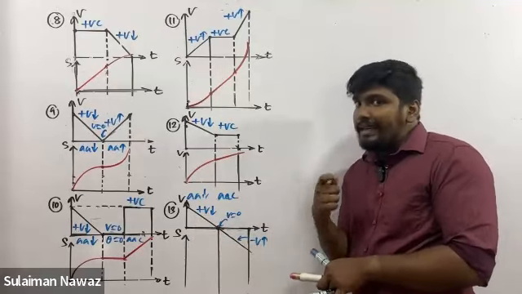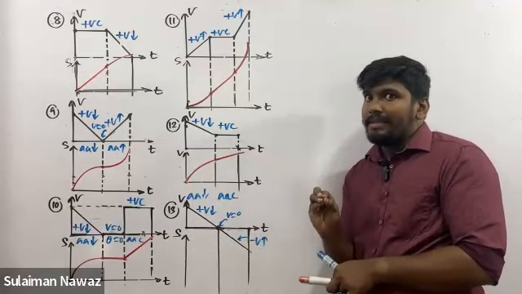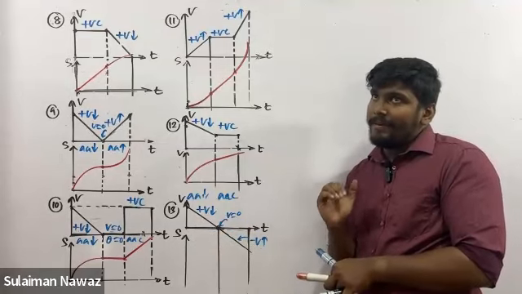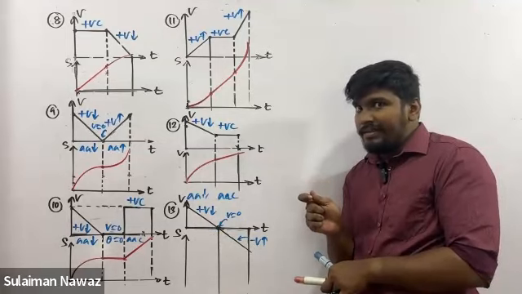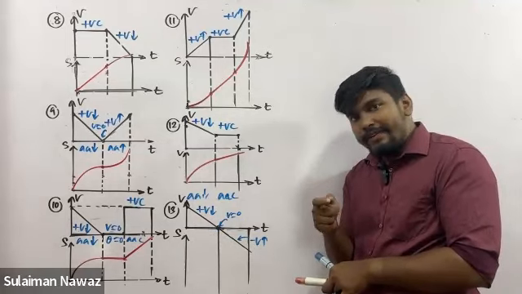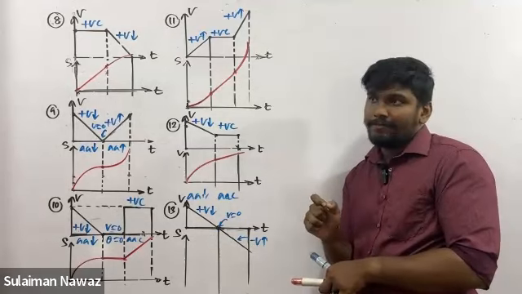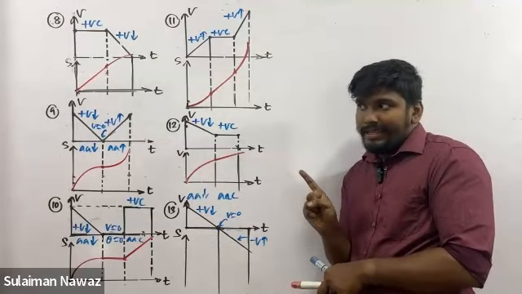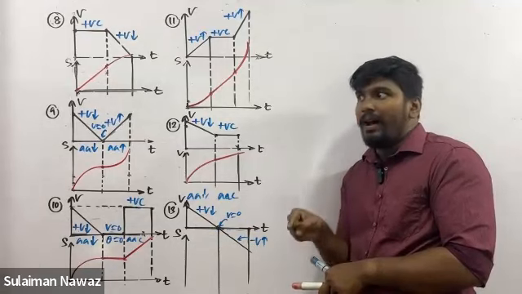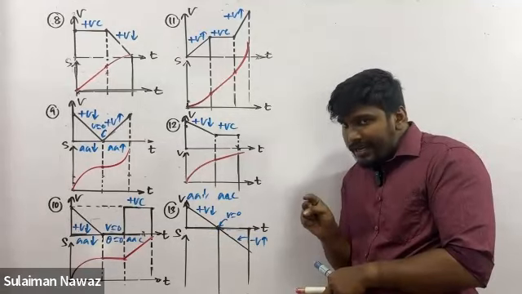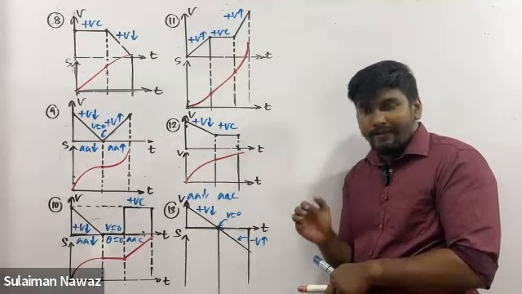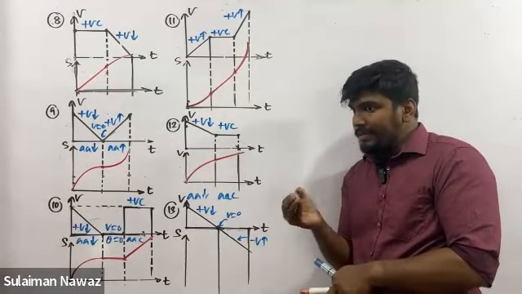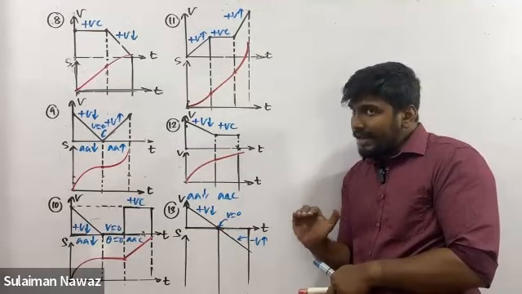Negative velocity increases. Just think about the ST graph. Negative velocity means obtuse angle. Negative velocity increases means the ST graph negative gradient increases, because velocity is the gradient in the ST graph.